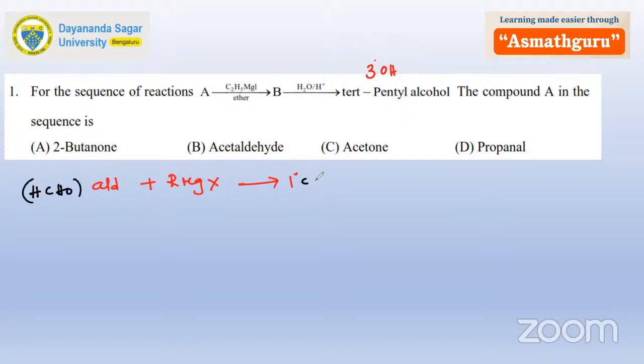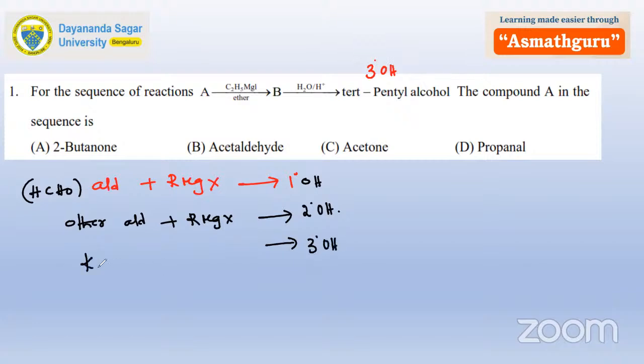When it is any other aldehyde, you get secondary alcohol. You get tertiary alcohol only when a ketone reacts with RMgX. So now you have tertiary alcohol, so A should be a ketone.